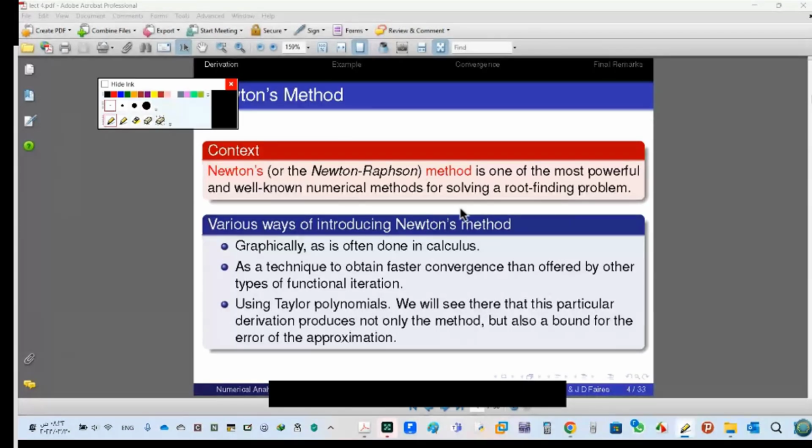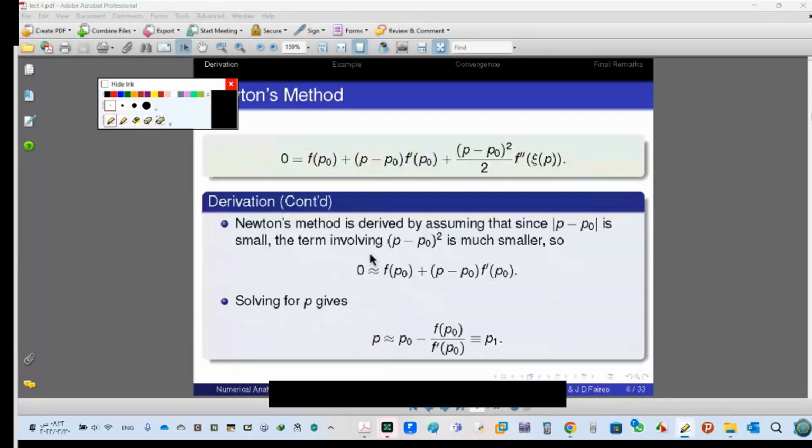Let's see the Newton method. Forget this, we don't need this, this is the explanation. Let's go directly to the example.